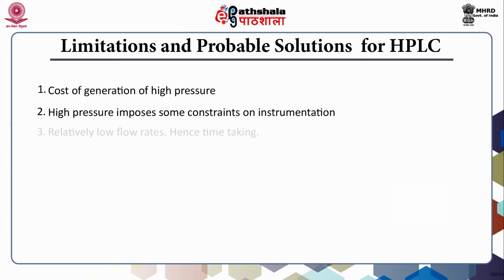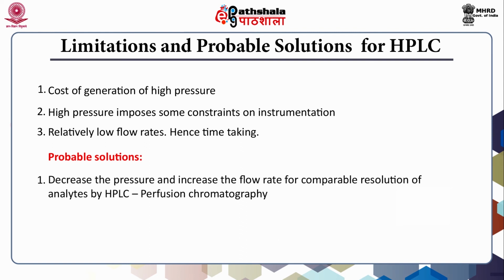HPLC also has relatively low flow rates, so the experiment is very time taking. So, these are the main three limitations for HPLC, and these three limitations can be overcome by decreasing the pressure and increasing the flow rate for comparable resolution of analytes by HPLC.